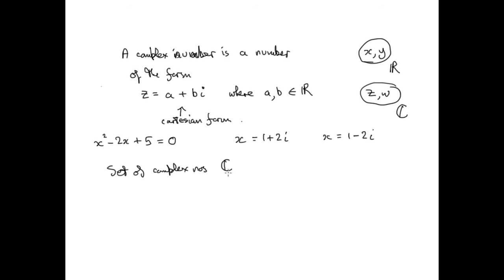Very difficult to write in bold font, so sometimes you tend just to use a double line to show that. But bold font, capital C, is the set of z where z is of the form a plus ib, where a is a real number and b is a real number. So it's that set of objects, if you like. All the normal rules of real number addition, multiplication, subtraction, division, etc.